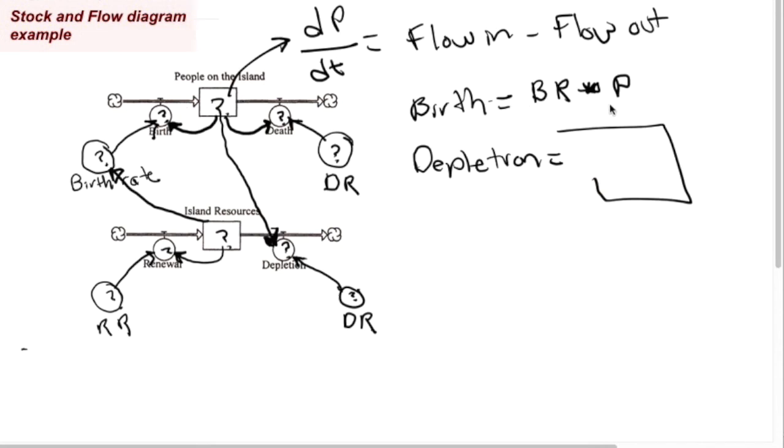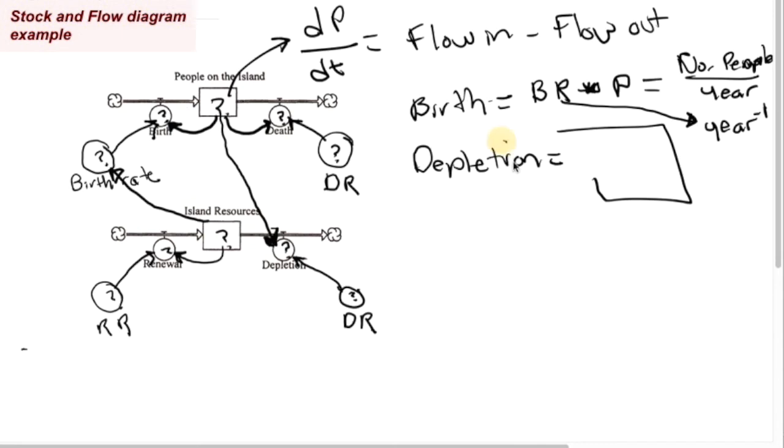In this case, the birth flow must have the units of number of people per year. So now you can guess what would be the units of the birth rate, right? It has to be year minus 1, right?